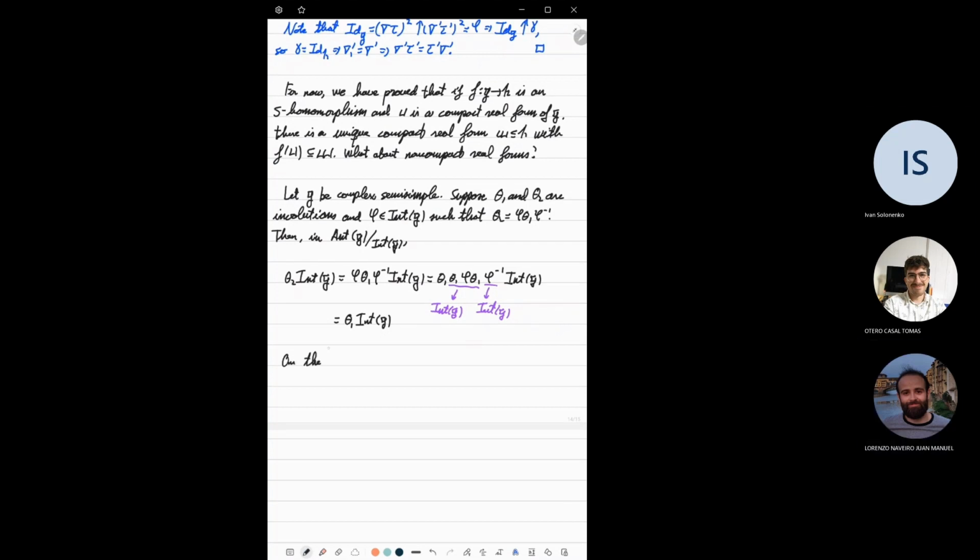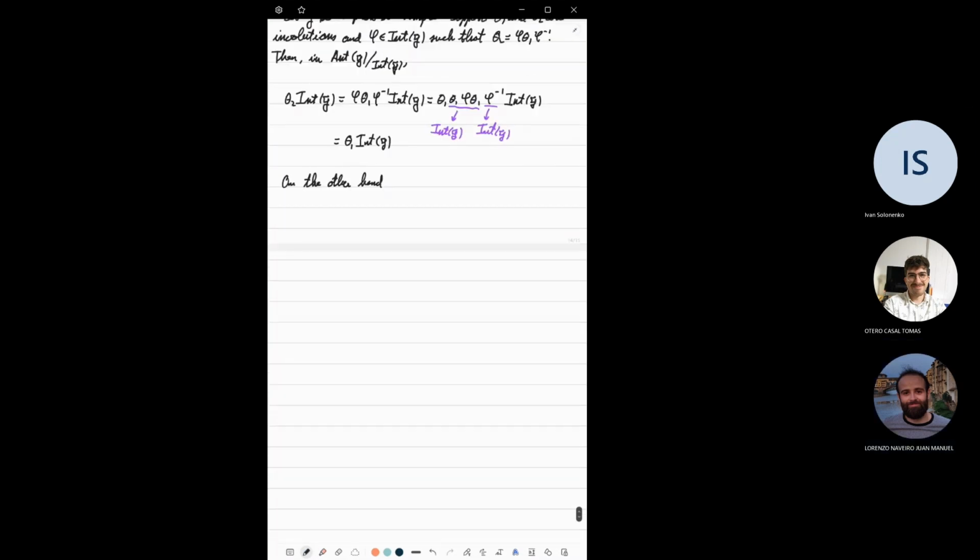So on the other hand, recall that we already know the automorphism groups for the complex simple algebras. So we had that the quotient of all automorphisms mod inner automorphisms is equal to the automorphism group of the Dynkin diagram. And in the simple case, this was equal to S3 if G is of type D4, which corresponded to SO8.